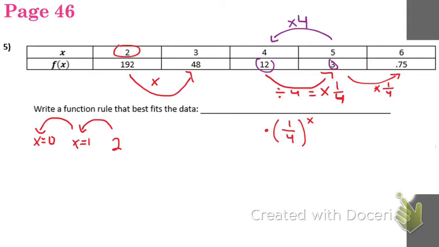So in order to get from 2 to 0, what do we need to do? We have our 192. We work backwards. We multiply by 4, which is some big number. And then we do it one more time. And this is the number we want.